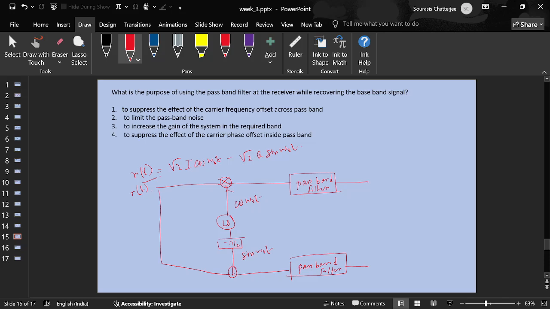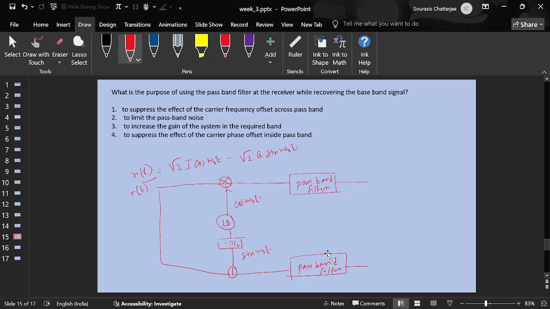There will be a mixture of those things: there will be a higher frequency component and a lower frequency component, like there will be 2 omega naught, and there will be omega naught also. It will just pass the higher frequency components. But what will I do with the higher frequency components? Okay, sorry, it is not a high pass filter, it is band pass.